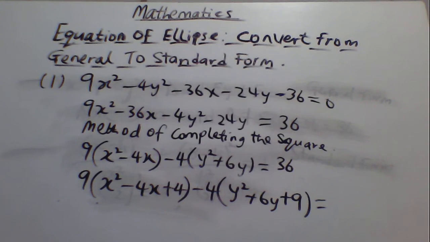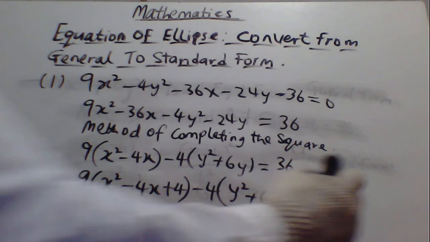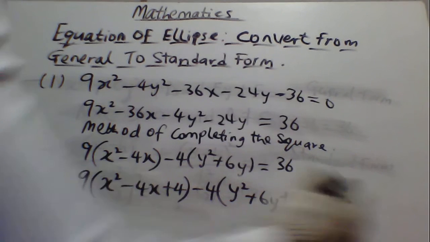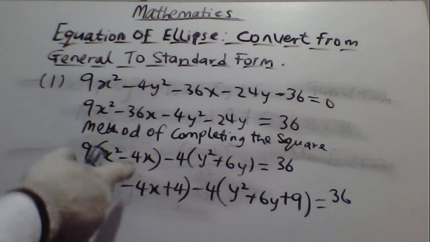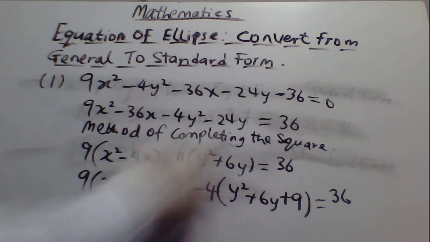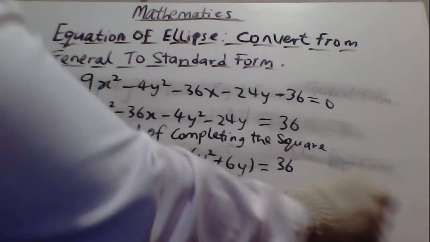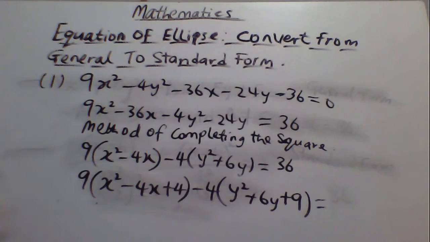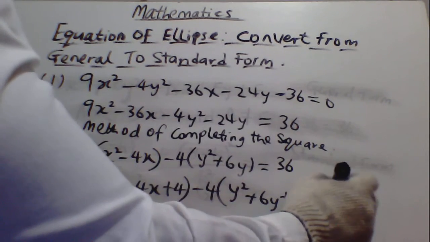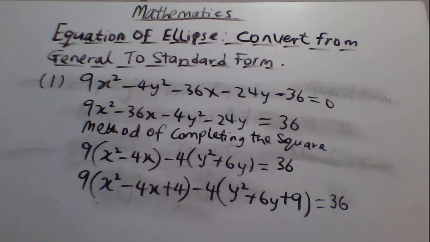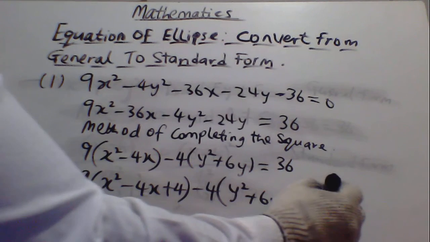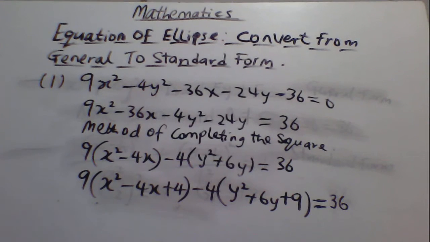This is where you have to be careful. Some will say that because you write 4 here, let me write 4 on the other side, and 9 here, 9 on the other side. Not exactly, because what you do to the left of the equation, you have to do to the right in order to balance the equation.